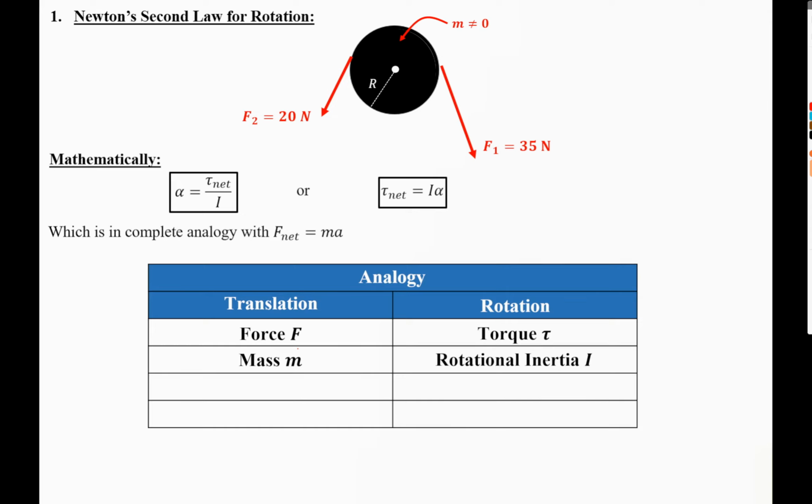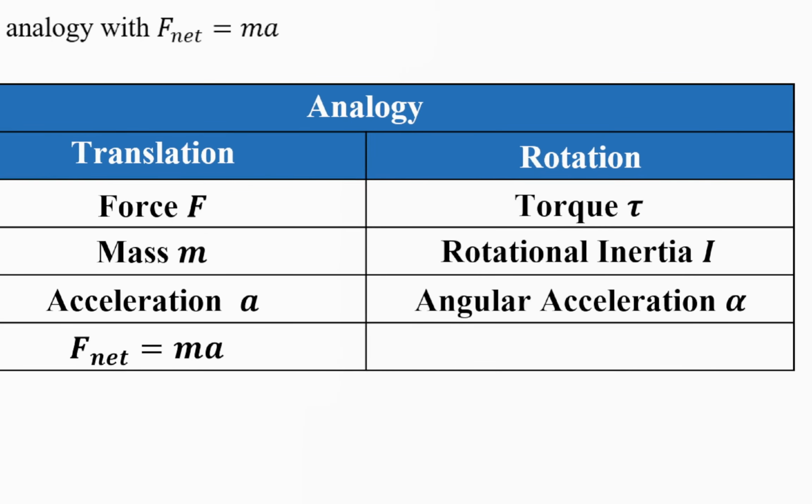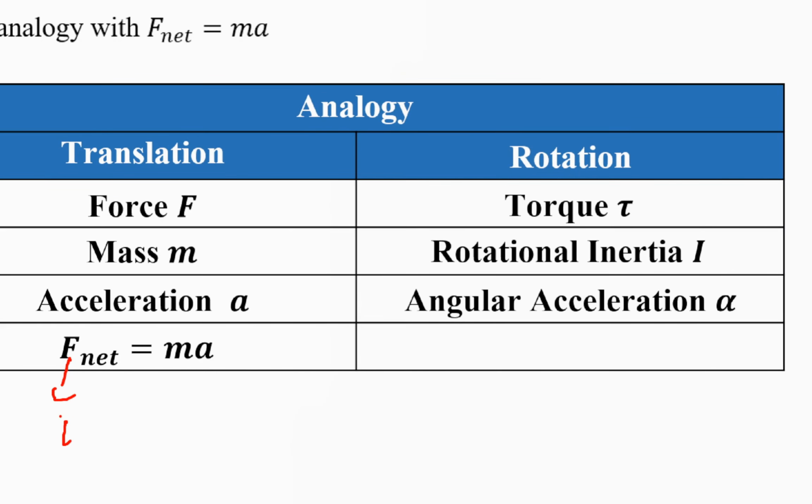The mass m is upgraded to rotational inertia I. Acceleration a is upgraded to angular acceleration alpha. So if F is replaced by tau, m is replaced by I and a is replaced by alpha, Newton's second law for rotation can be understood as an analogy of Newton's second law for translation.